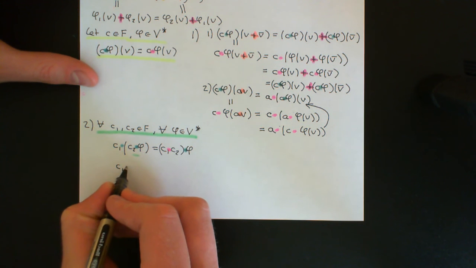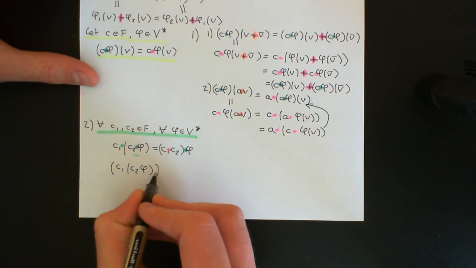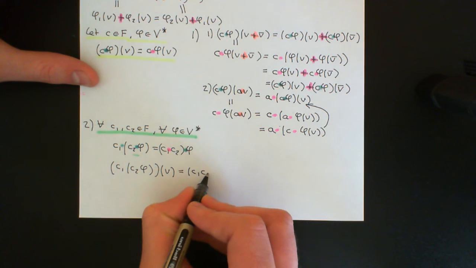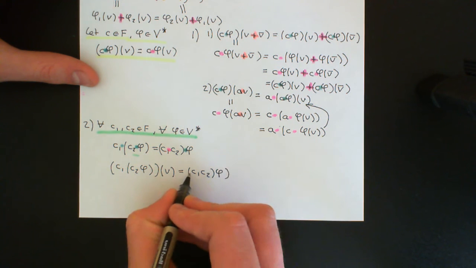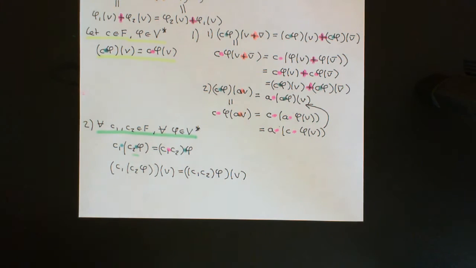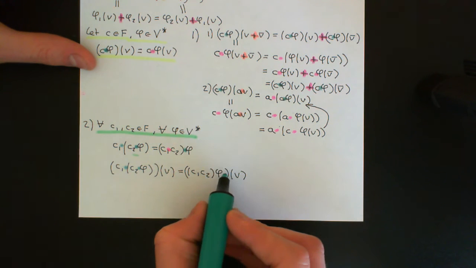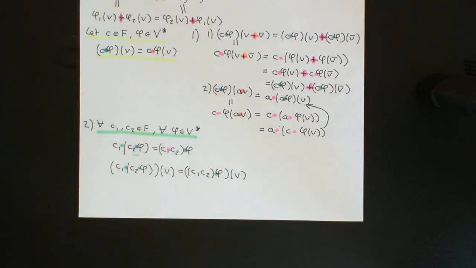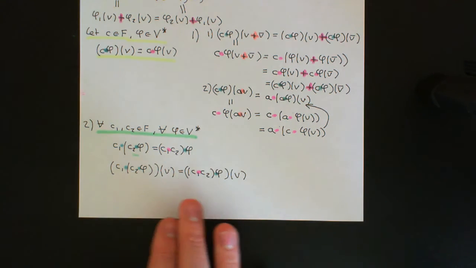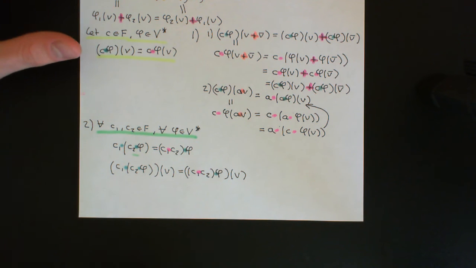So we want to prove that C1 scalar multiplied with C2 scalar multiplied with phi acting on a vector V is the same as C1 multiplied by C2 scalar multiplied by phi, all acting on the vector V. Okay, and I'll add the colour in once again. So we'll have scalar multiplication in our dual space, scalar multiplication in our dual space, scalar multiplication in our dual space, and multiplication in the field F. Okay, so we want to prove that this is going to be true for all V an element of our vector space capital V.